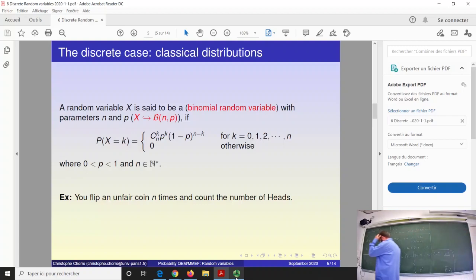So now, the cases that interest me are the cases k between 1 and n minus 1, because I have done the case k equal to 0 and k equal to n.